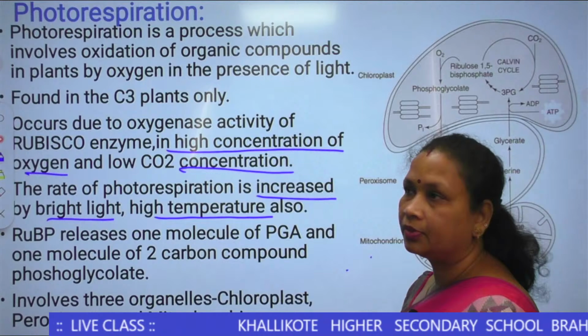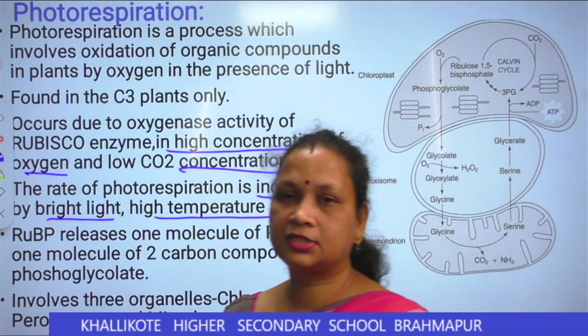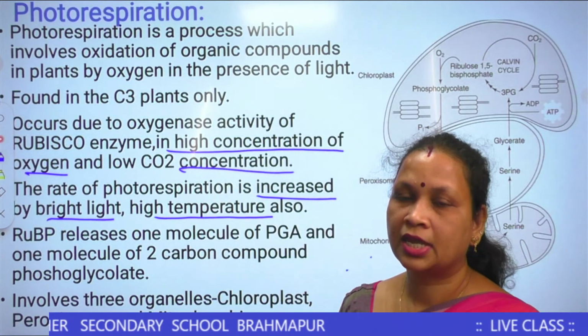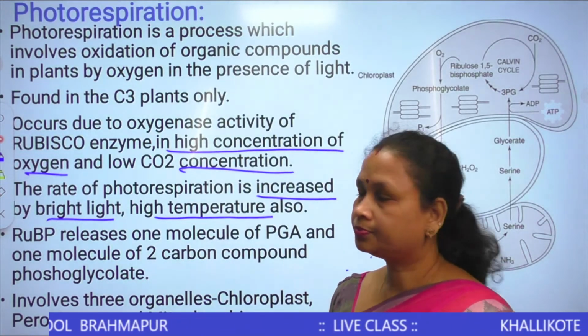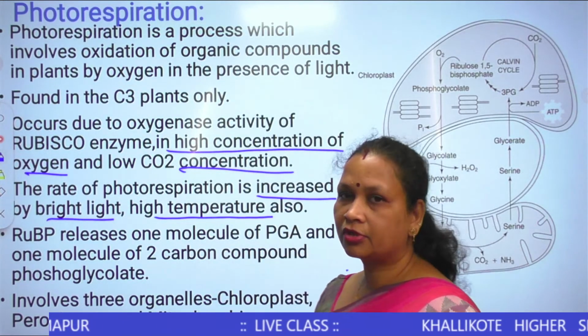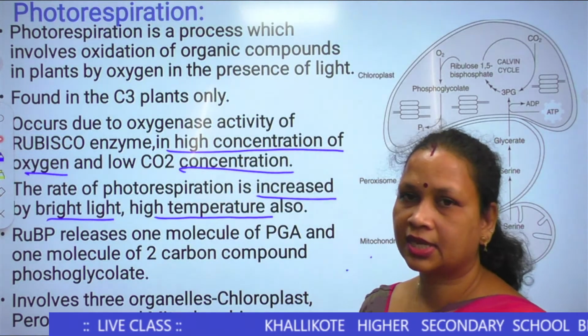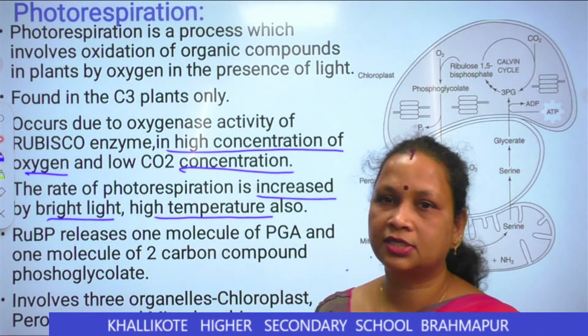In the C3 plants, when the temperature increases, the stomata start to close in order to prevent water evaporation. The carbon dioxide present inside the mesophyll cell is used up in photosynthesis and oxygen is evolved.